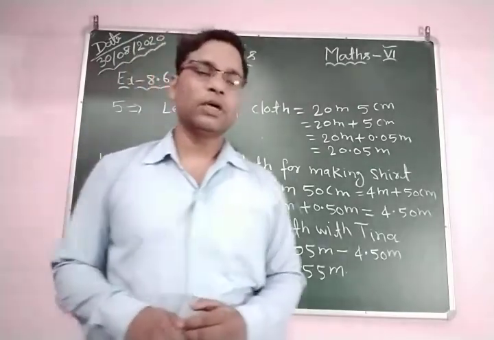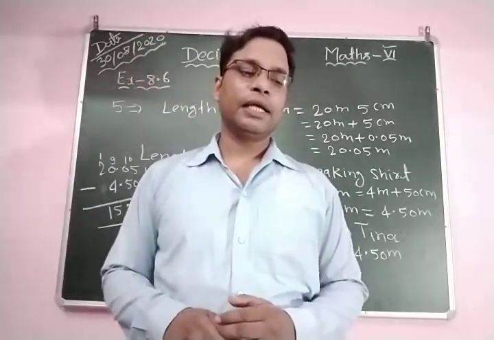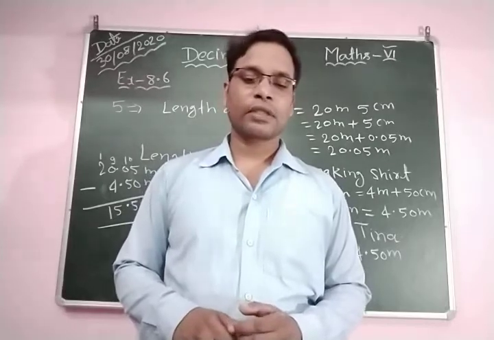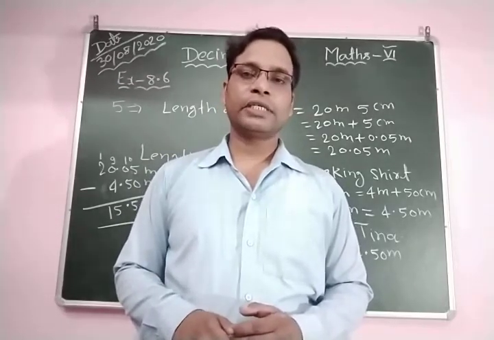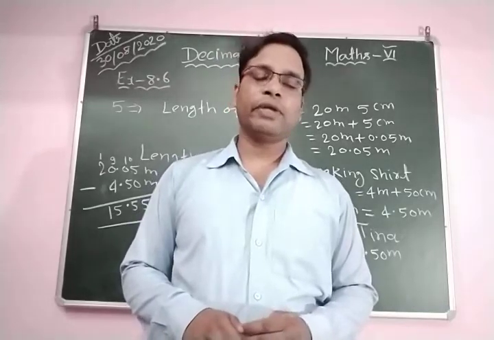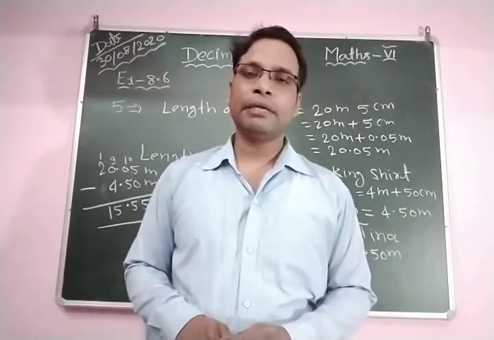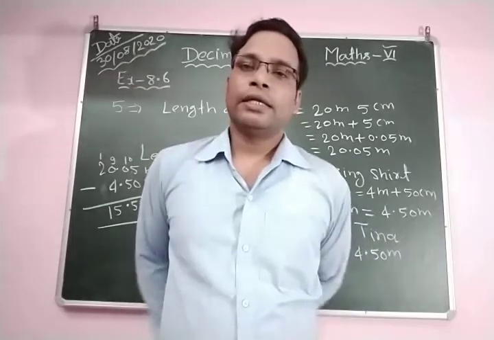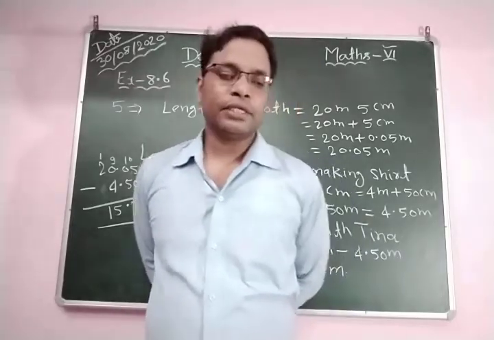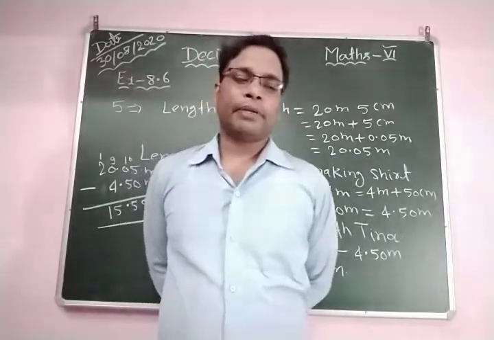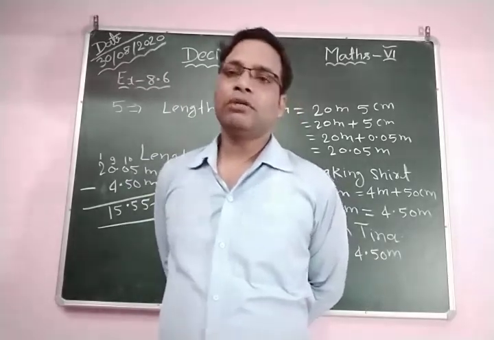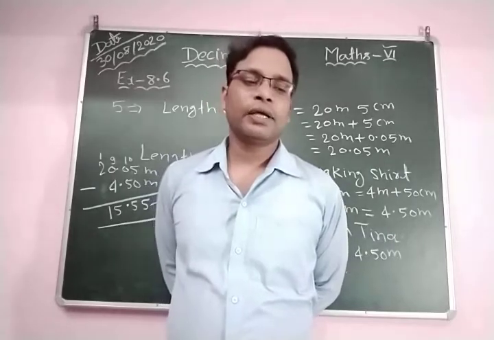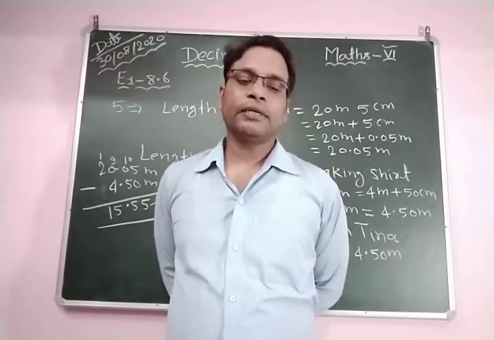Question number 6 is given here. Namita travels 20 kilometers 50 meters every day. Okay, the distance traveled by Namita every day is 20 kilometer 50 meter. Out of this, she travels 10 kilometer 200 meter by bus and the rest by auto.